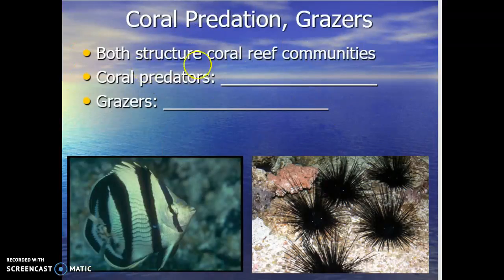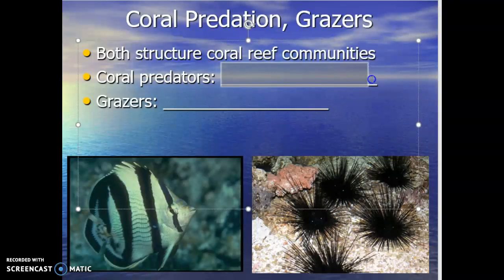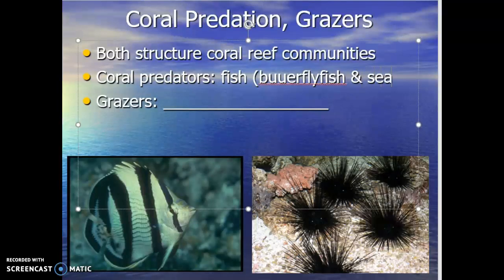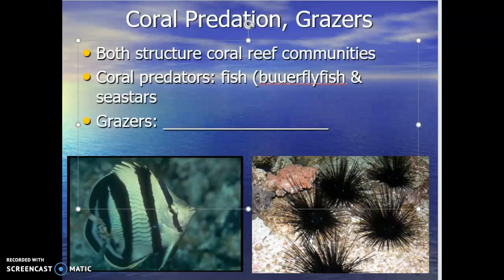And lastly, when we talk about reef ecosystem, we talk about coral predation, coral grazers, things like that. A lot of the predation comes from the fish, the butterfly fish, and sea stars. Those are the main primary predators of corals. So we're going to look for these.